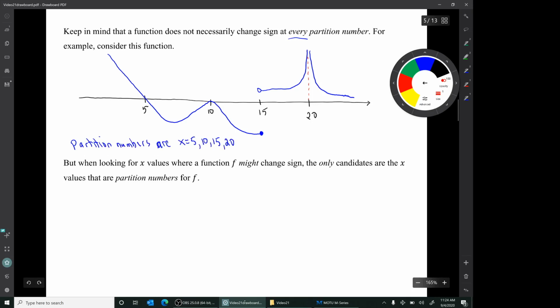X equals 5 and x equals 10 are our partition numbers because at those x values, the y value is 0. X equals 15 and x equals 20 are partition numbers because at those x values, f is discontinuous. There's a jump at 15 and there's a vertical asymptote at 20. But notice the function only changes sign at 5 and 15.